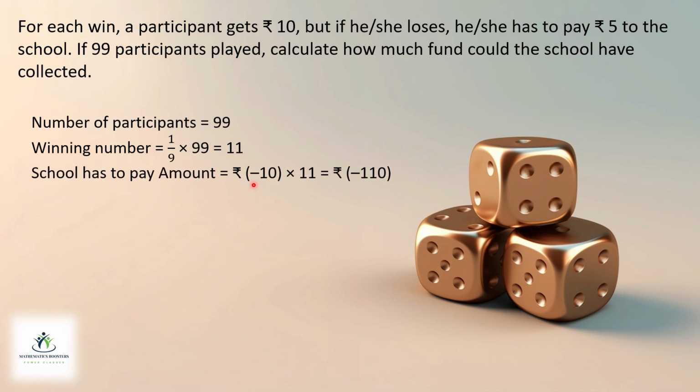नाउ स्कूल हैज टू पे. हाउ मच स्कूल हैज टू पे? अगर 11 टाइम्स वो जीत सकता है तो स्कूल को पे करना है 10 रुपीज. दैट इज वाई वी आर डूइंग इन फेवर ऑफ स्कूल. That is why we have used negative 10.